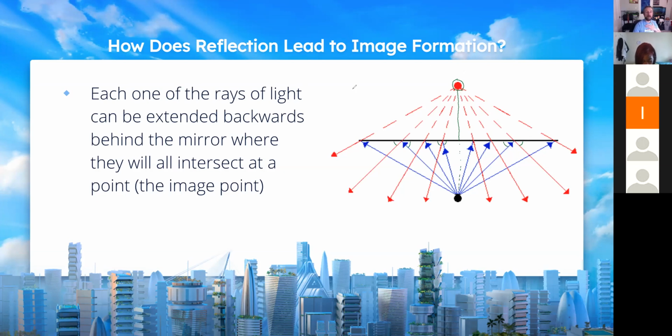Any questions about how to determine the image point? You can put it in the chat, or you can unmute if you have a question.